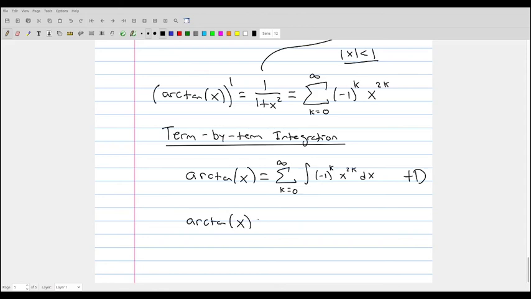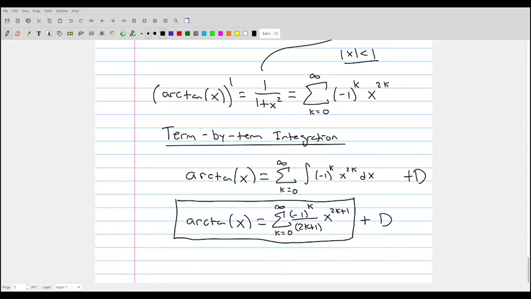So arctan of x is equal to the summation from k equals 0 to infinity of negative 1 to the k over 2k plus 1, times x to the 2k plus 1. And this is the correct Taylor series expansion for the arctangent function.